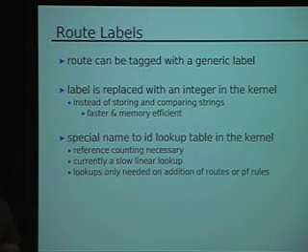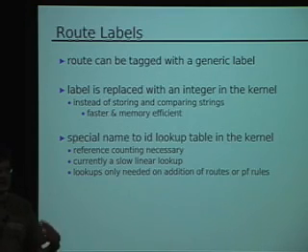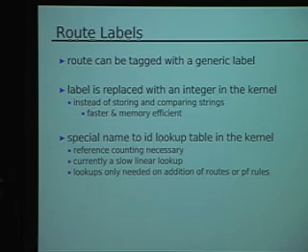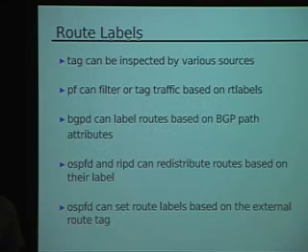And the trick behind this is that, like PF or the route entry itself, they're normally set once and then used a hundred thousand times afterwards. So this makes sense. For this, we have a special name to ID lookup table inside the kernel where we match these IDs to names and also in the reverse direction, of course.